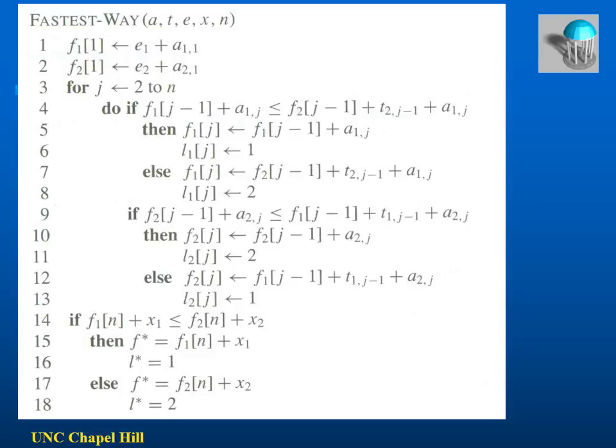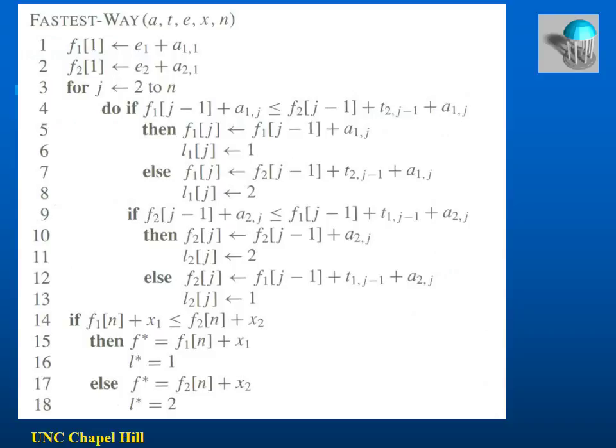This is the algorithm implementing that. We simply initialize for j equals 1 and pass through the stages one by one from stage 2 through stage n.